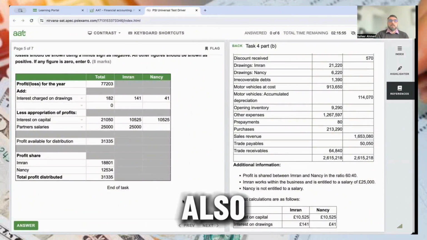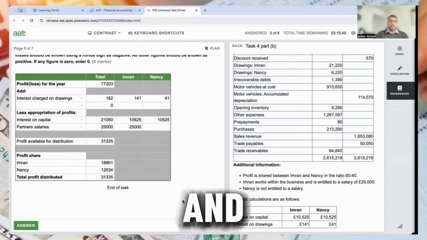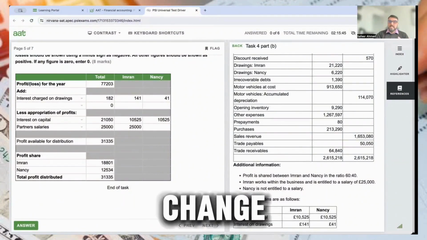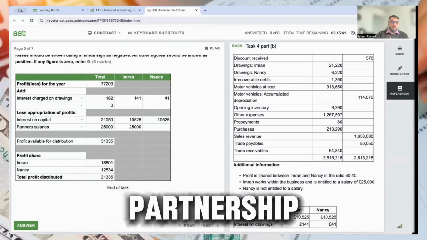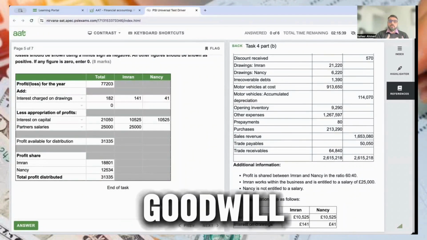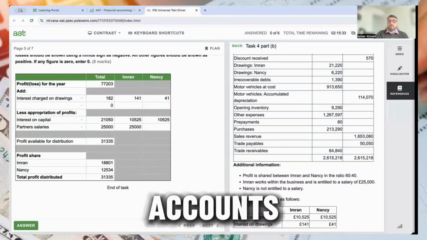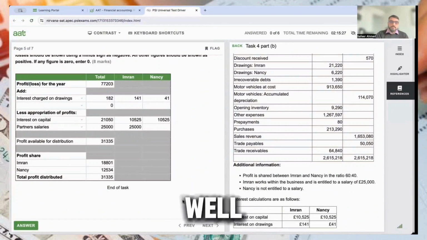They can also ask you to prepare capital accounts, the permanent accounts. And again, remember, every time there is a permanent change in partnership, we'll be creating goodwill and we will be eliminating goodwill as well. And that, of course, goes on the partners' capital accounts, or they could ask you to prepare a goodwill account as well.